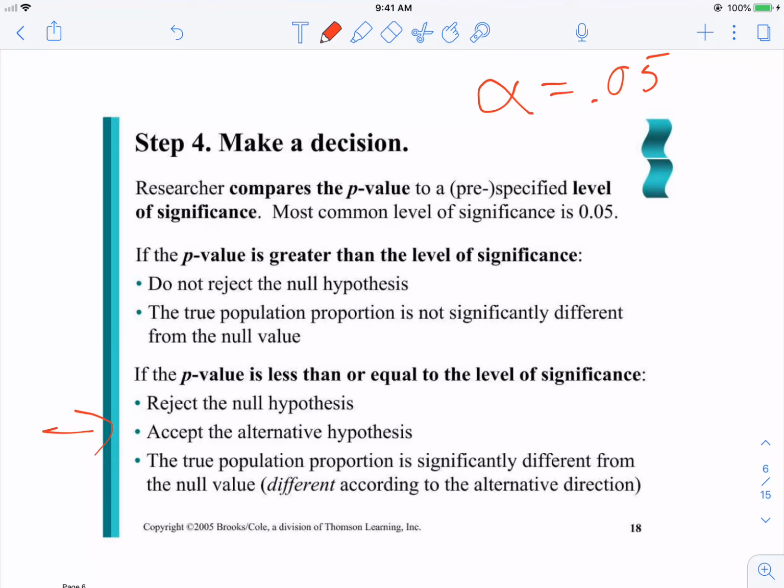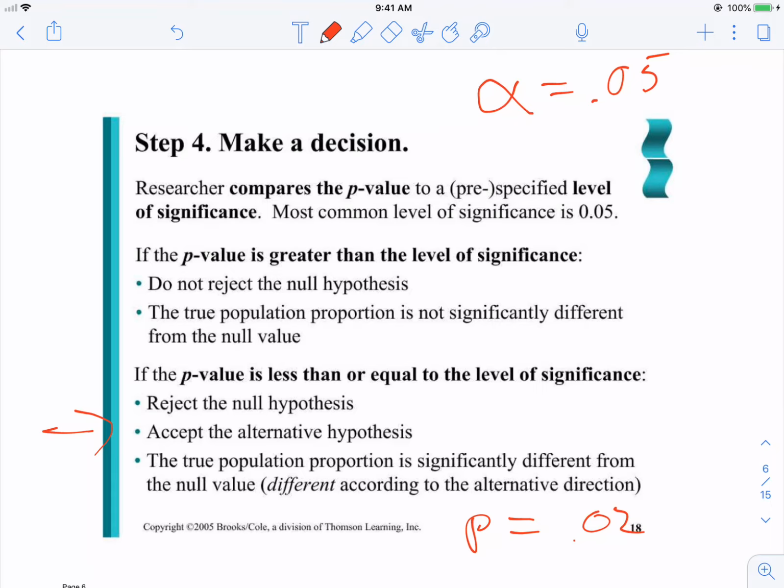Remember that p-value is a probability. What you're saying is that if you have a probability that's less than 5%, so let's say, for example, our p-value is 0.02, you're saying that there's a 2% chance that you could have this, what you expect to have in the null hypothesis, and get a sample where that value is this far away from what was expected in the null hypothesis, just due to chance variation alone, just due to it being a fluke.